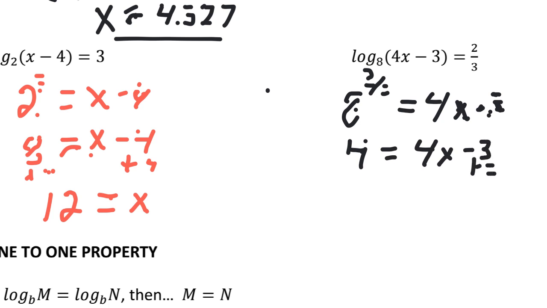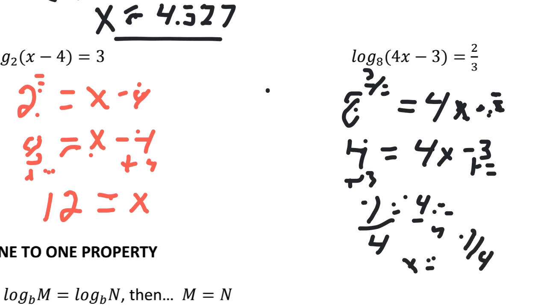Add 3, and 7 equals 4x, divided by 4, and x equals 7/4. Not 9, that's a 7. All right.